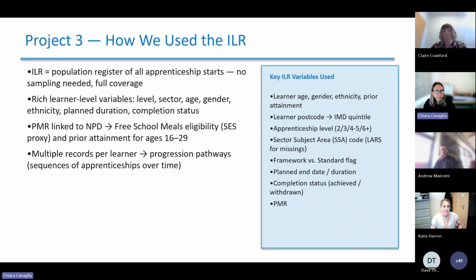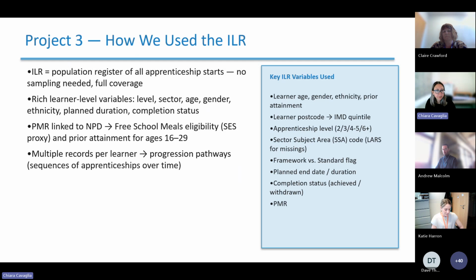As mentioned before, we were able to retain a lot of variables from the ILR. So for the overall sample, we took all the possible information from the ILR, whereas for the youngest apprentices, we took all the socio-demographic characteristics from the NPD.